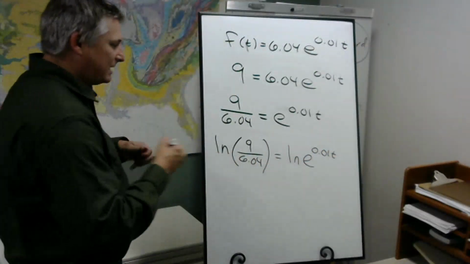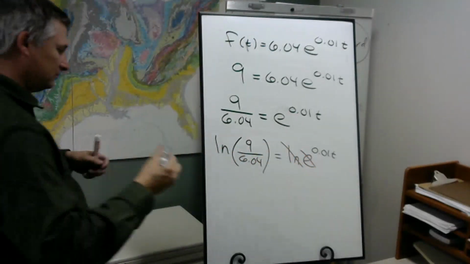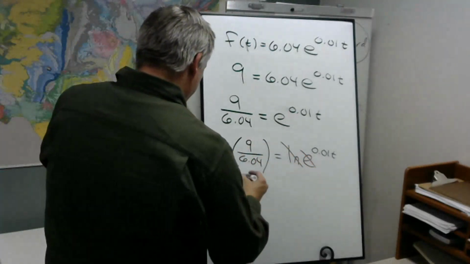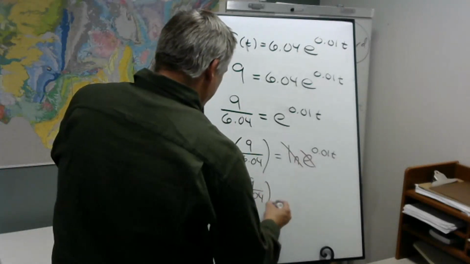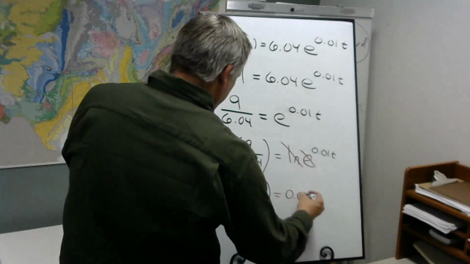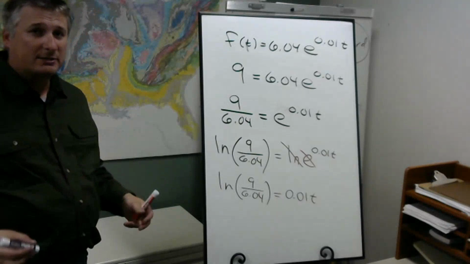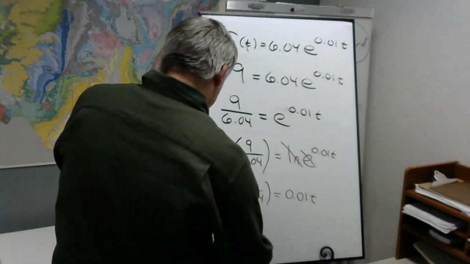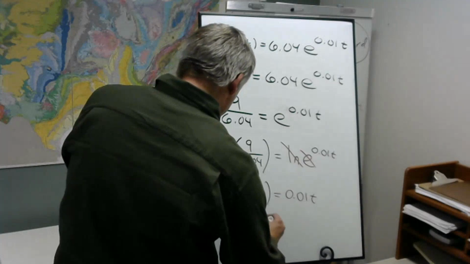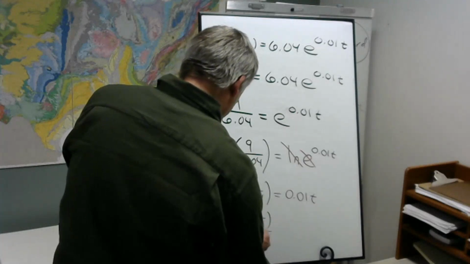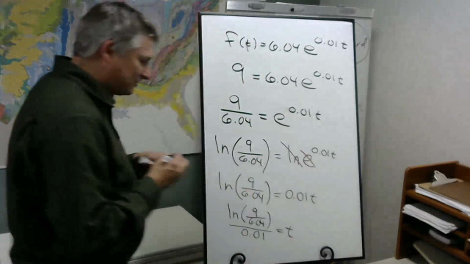And once again, these are going to cancel. So you get natural log of 9 over 6.04 equals 0.01 t. Lastly, divide both sides by 0.01. And that's what we get for t.